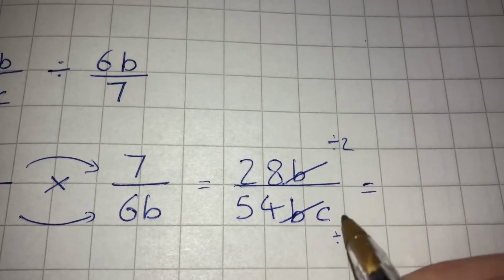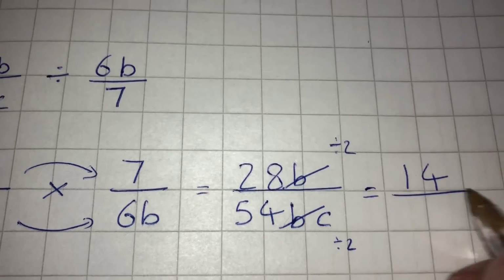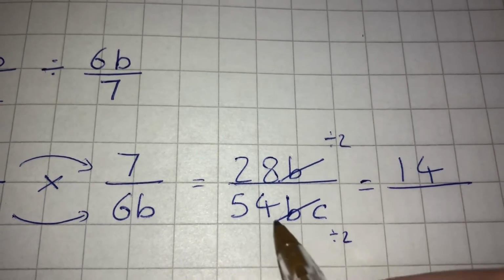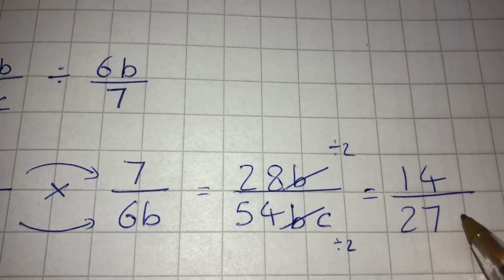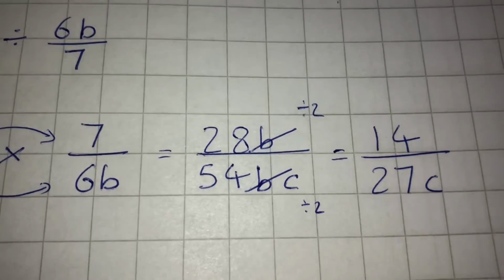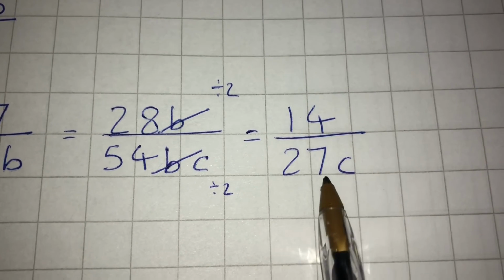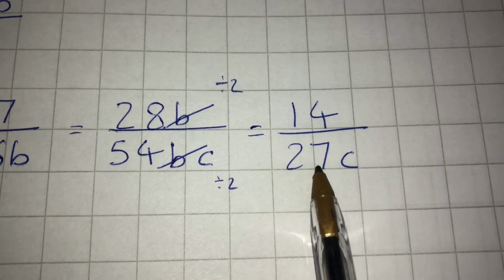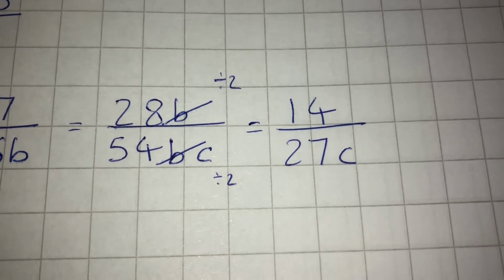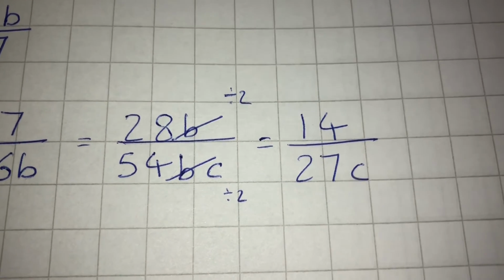So if I divide the top by 2, I get 14, and I divide the bottom by 2, I get 27c. Now beyond that, there's no common factor of both 14 and 27. 2 doesn't go into 27, 7 goes into 14 but not 27, so that is as far as that one will simplify. So that indeed is my final answer.